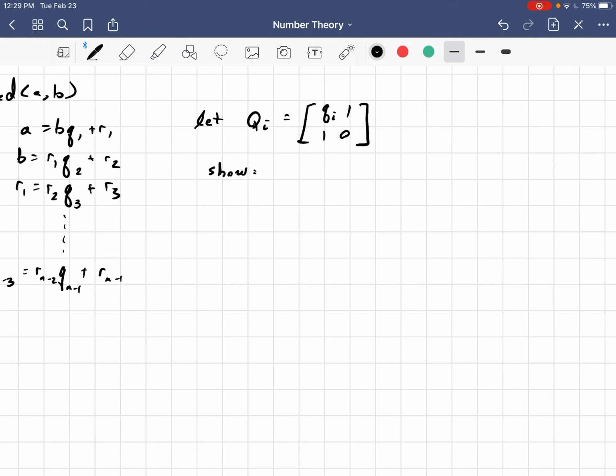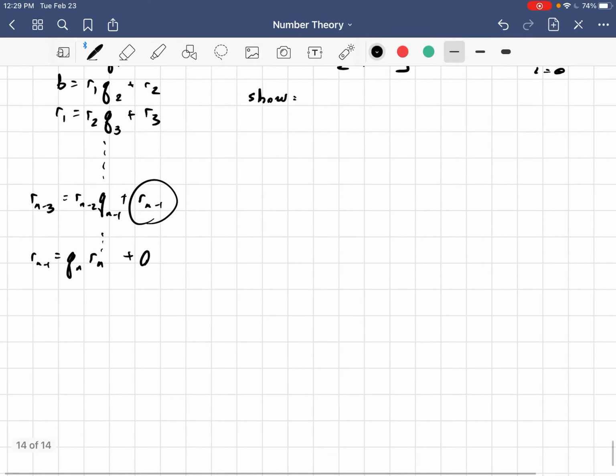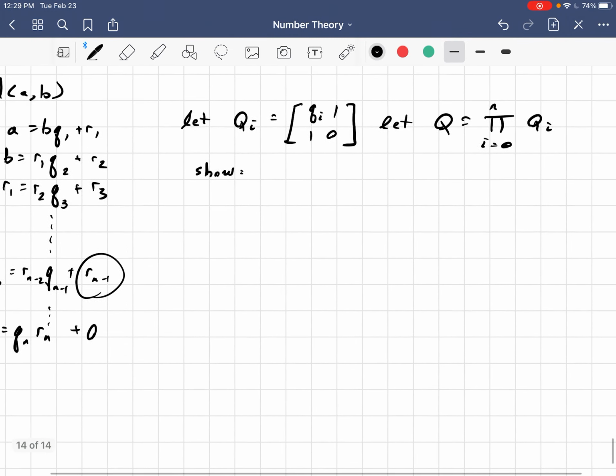I'm also going to let Q be the product of all these matrices, formed by all of the quotients, up until the point where we get R sub n-1 equals Q sub n R sub n plus 0, and R sub n would be the GCD.